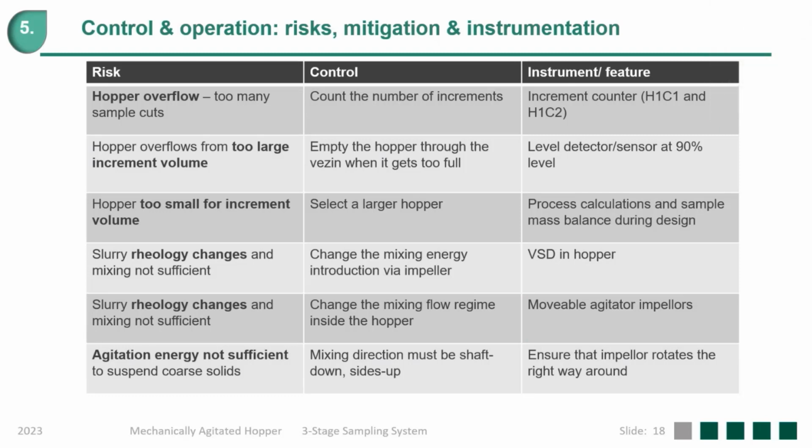Another risk is agitation energy not being sufficient to suspend coarse solids. Here we need to change the mixing direction, and the instrument is to ensure that the impeller rotates the right way around.